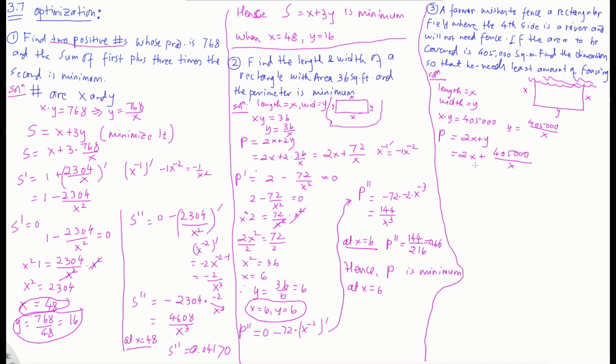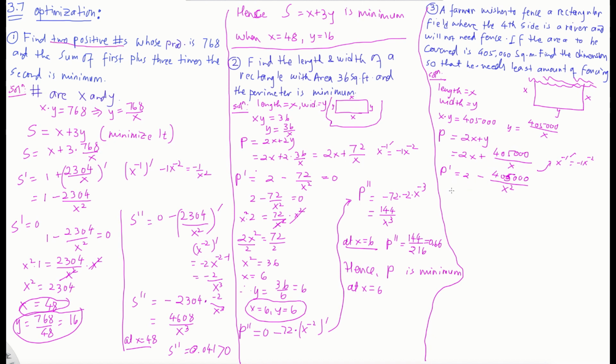Now you want to find the derivative again, exactly the same procedure: 2 minus 405,000 divided by x squared. Again, how? Because you move this to the top, x to the negative 1, so you have 405,000 times x to the negative 1, and then you find the prime of that, right? So it becomes negative 1 x to the negative 2, that is negative 1 over x squared. That's how I got plus changed to minus there, right?